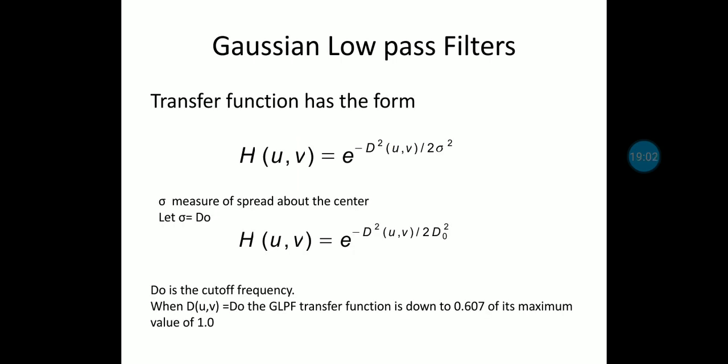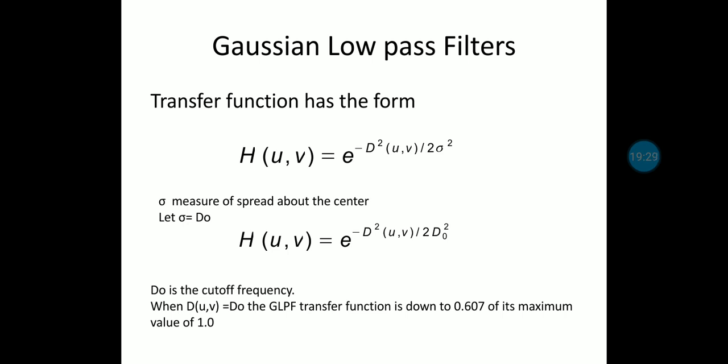So let us see the third low pass filter, which is used for image smoothing, that is the Gaussian low pass filter. The transfer function has the form H(u,v) = e^(-D²(u,v)/2D0²).